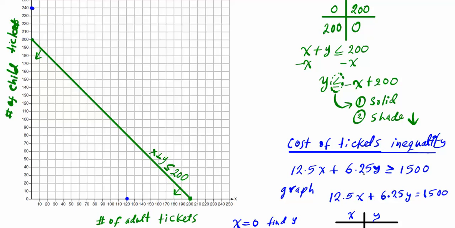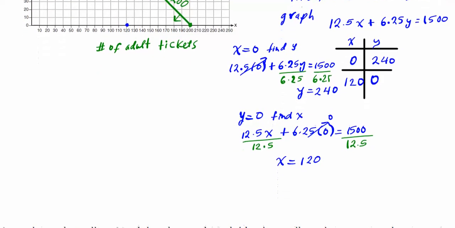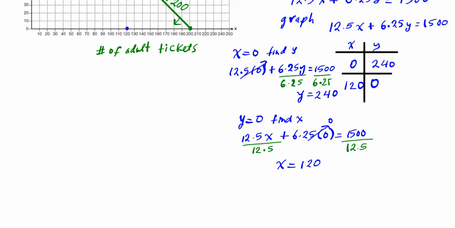Okay, freeze. Is it going to be solid or broken? And are we shading up or down? To answer that question, we're going to go back to our inequality. Our inequality is 12.5x plus 6.25y is greater than or equal to 1500.